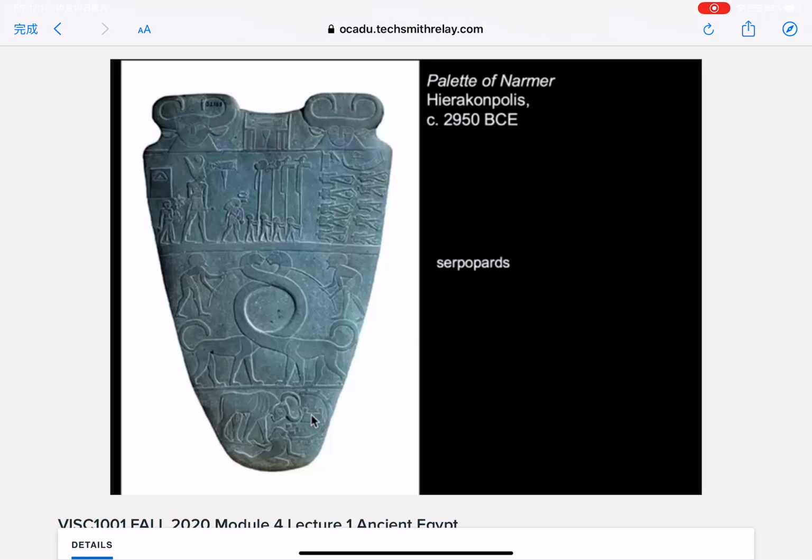And to a certain degree, the longevity of the pharaonic system that's instigated after Narmer means that in official Egyptian art that serves the pharaoh, many of the artistic conventions do not change. They remain constant over a very long period of time.